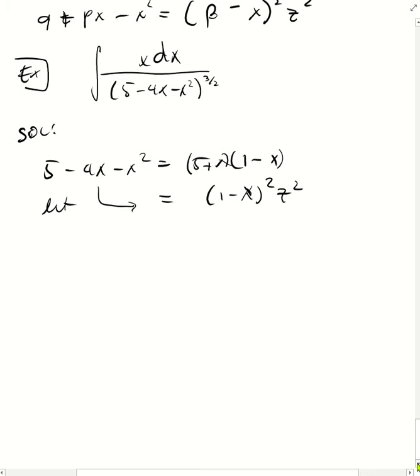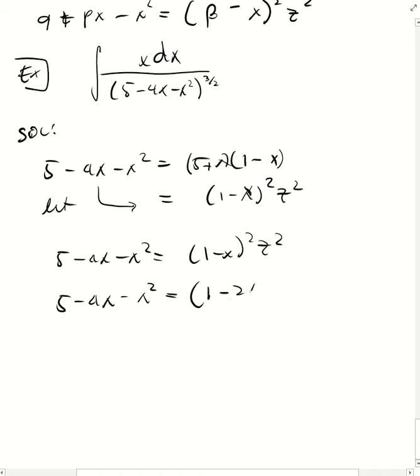That will be the substitution, and from that we solve for x. 5 minus 4x minus x squared equals 1 minus x squared z squared. Then solve for x. So this is 1 minus 2 times 1 times x, so 2x plus x squared, and you multiply it with z squared.